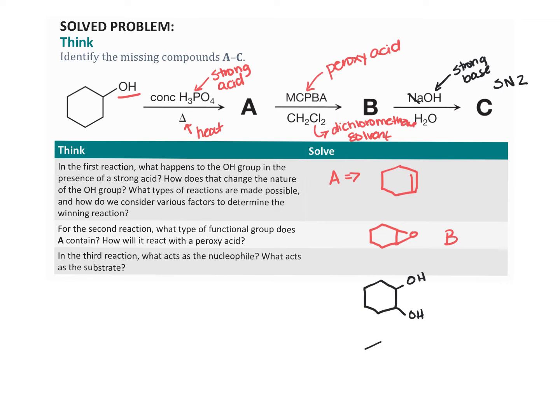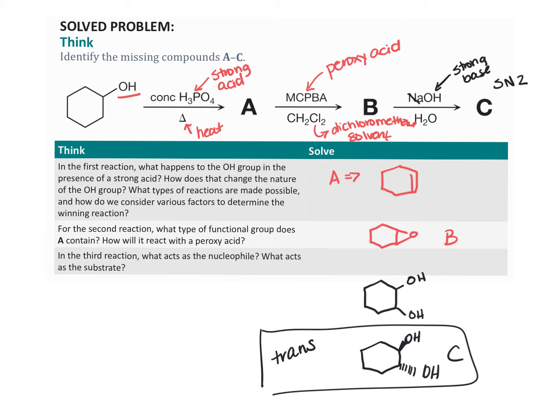So the final answer with the trans stereochemistry is our C. That's our final C. So we have A, B, and C here. When you have problems like this, you just walk through it step by step by step.